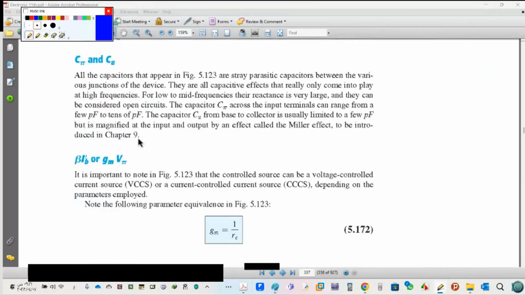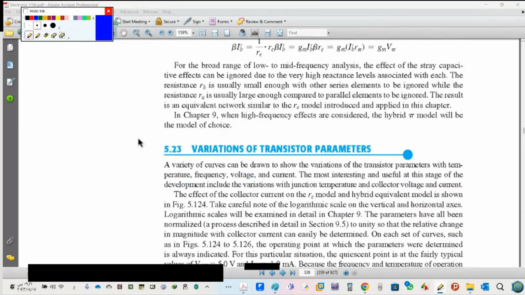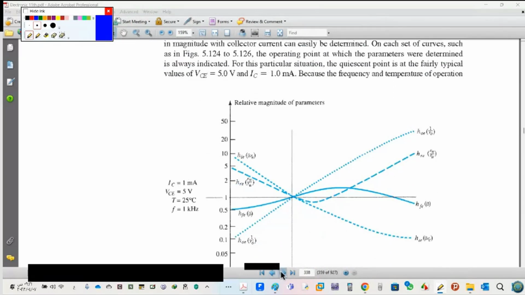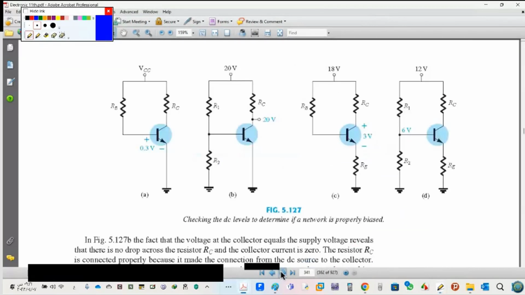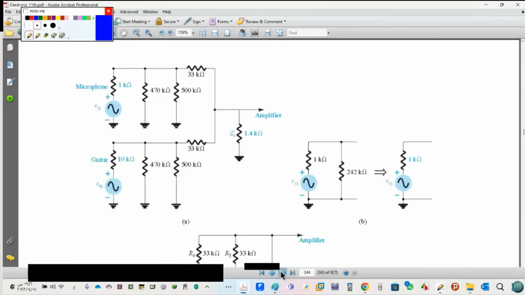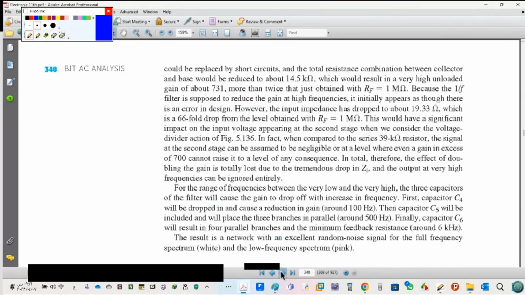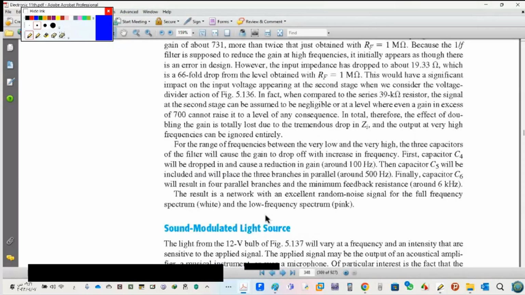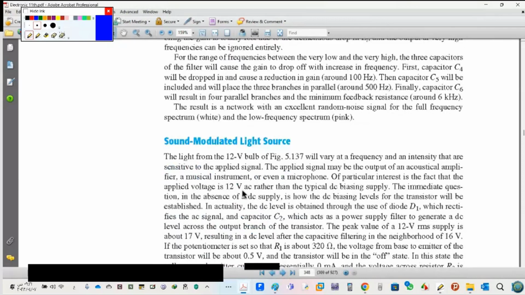I don't need this, but just where we can use this one. 5.23 is cancelled. The end of this book and this chapter, all of these are cancelled. So until here. The sound model and light source are cancelled.